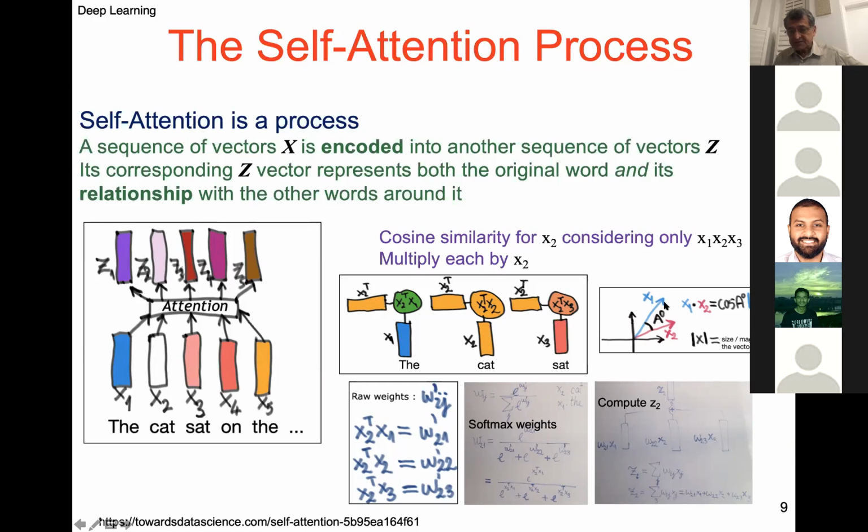Supposing I have two vectors, x1 and x2 in vector space, if the angle between the two is 0, it means they are exactly along the same vector. So it's cosine of that angle, cos 0 is 1, so it will be high. If the angle is large, then the cosine will be small, which means they're not that similar. So that is the idea of cosine similarity.